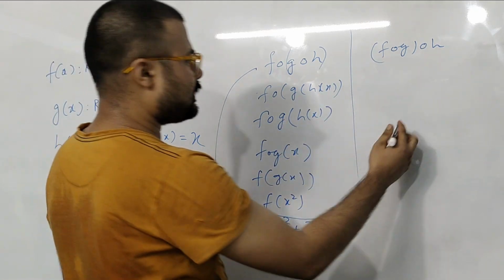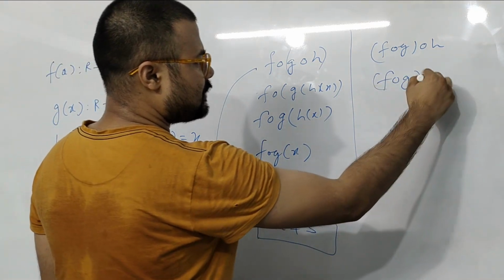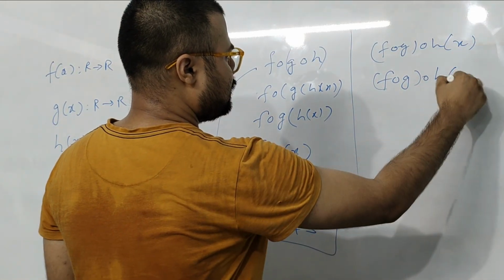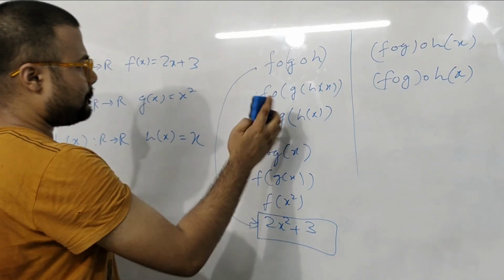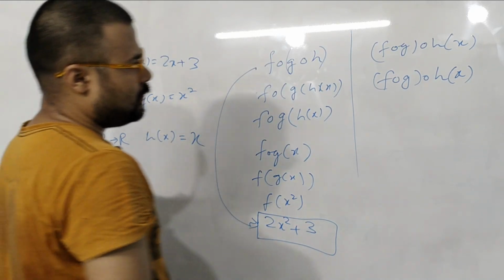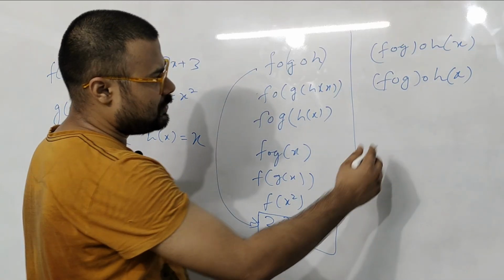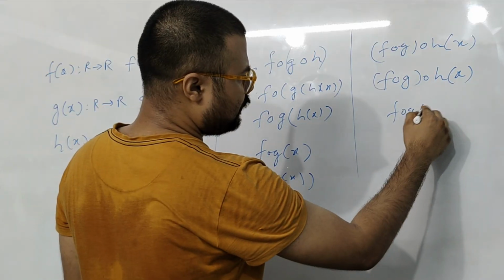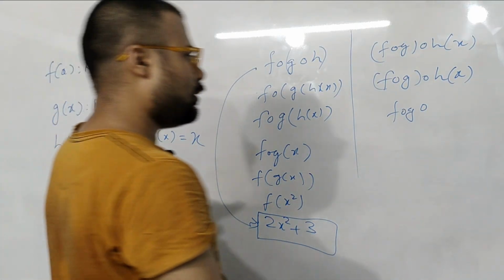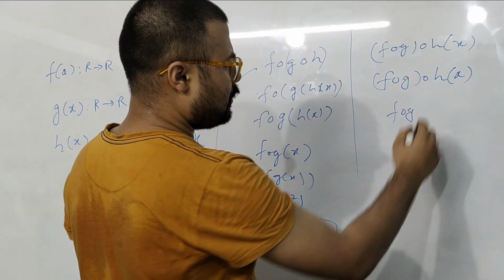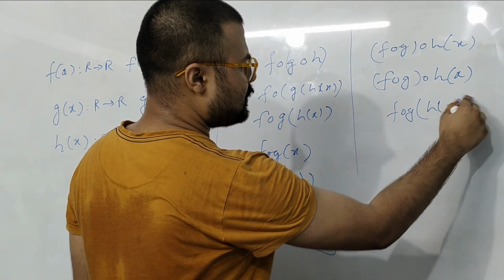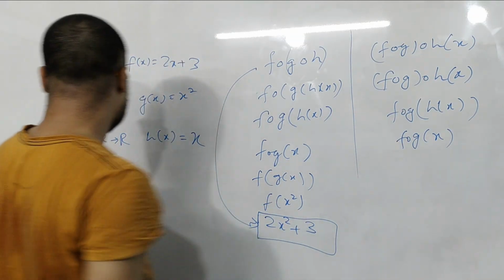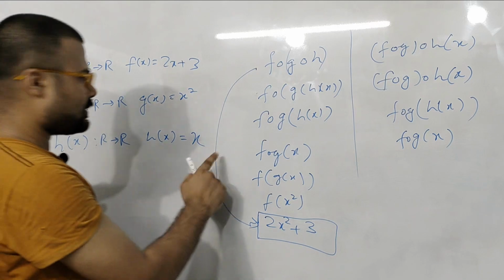Now let's try to find out fo(goh). How do we do it? This is equal to f of g of h of x, which is fog of x, because h of x is x.